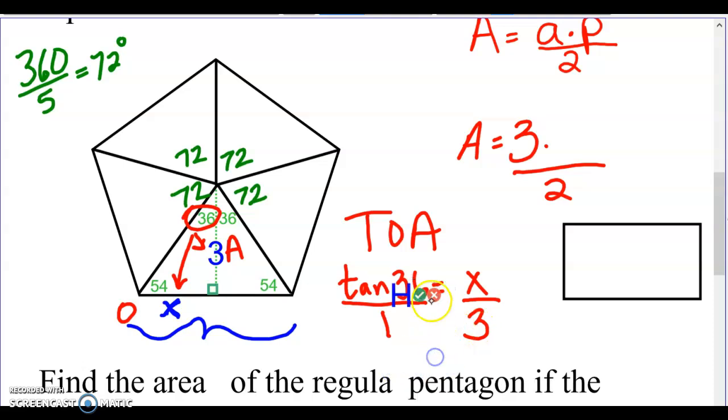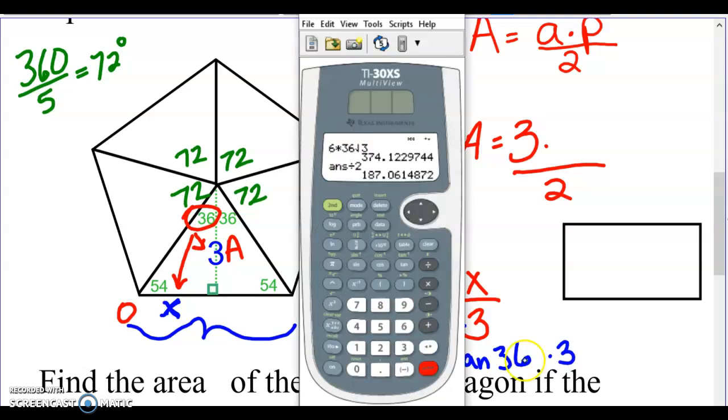So I'm going to type that in on my calculator. All right, so tan 36, close the parentheses, times 3, and I end up with 2.17. Again, the directions are going to say round to the nearest tenth, so that would be 2.2.